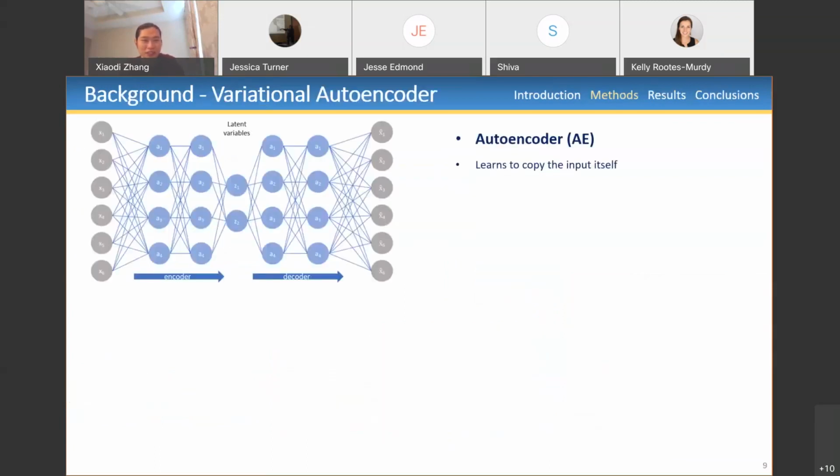And now I will talk about some background about the neural networks. For those of you who are not very familiar with this, autoencoders are basically a class of neural network that try to create an identical copy of the input as the output.